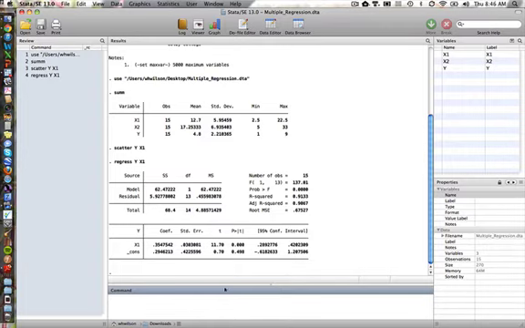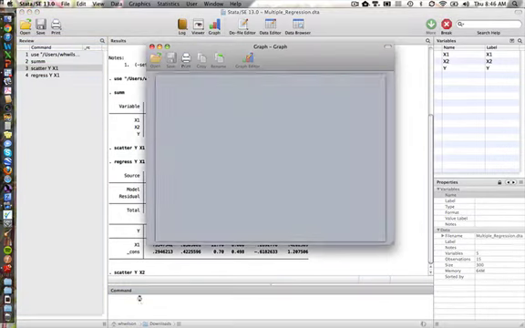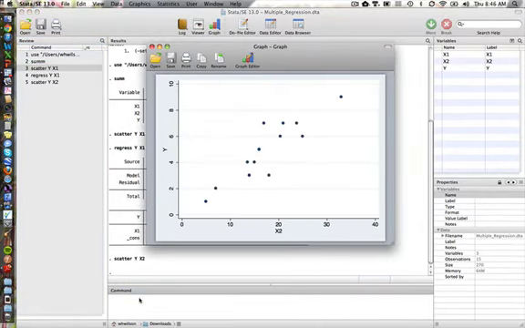Let's take a look at the second independent variable. I'm going to take advantage of my catalog here, and this time we're going to look at a scatter plot. And what we can see is, again, a positive relationship between our independent and dependent variable. Looks like it's a little messier, a little more variability there. Let's take a look at the regression analysis.